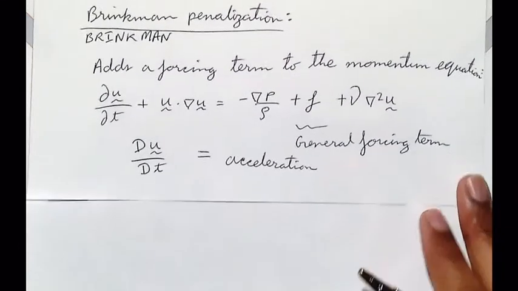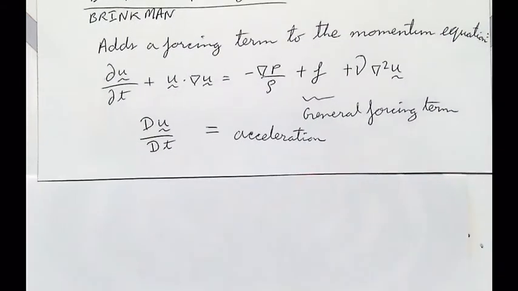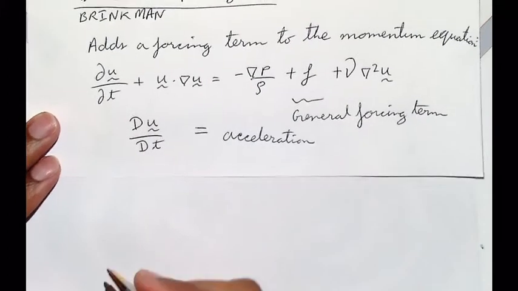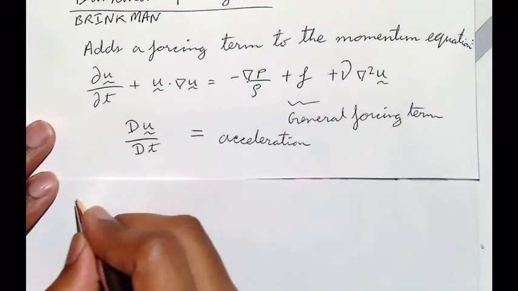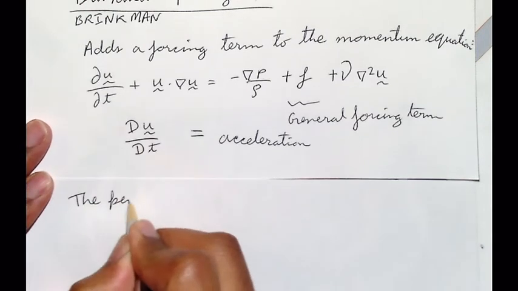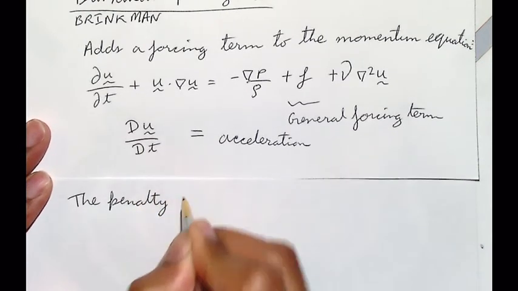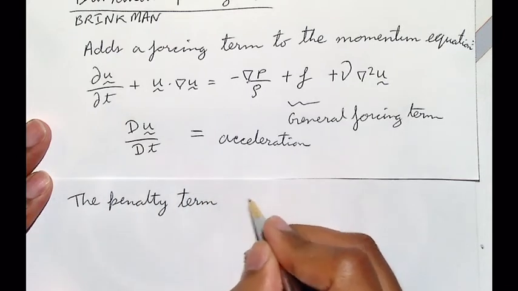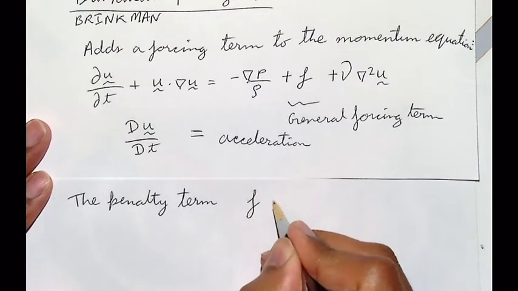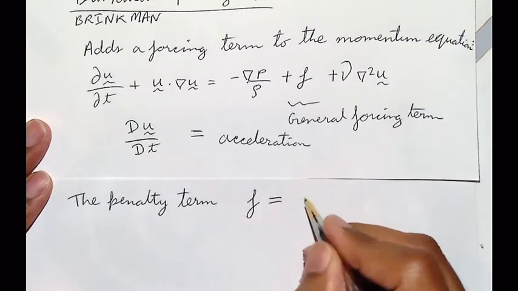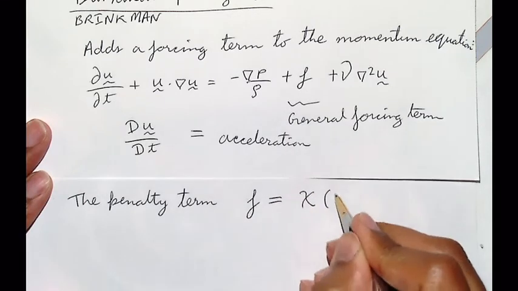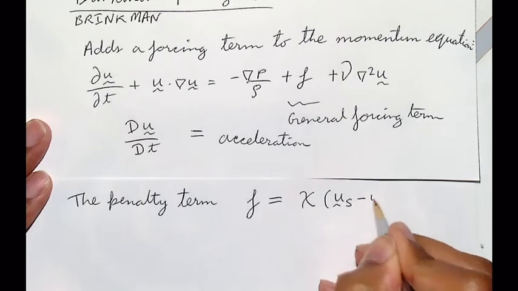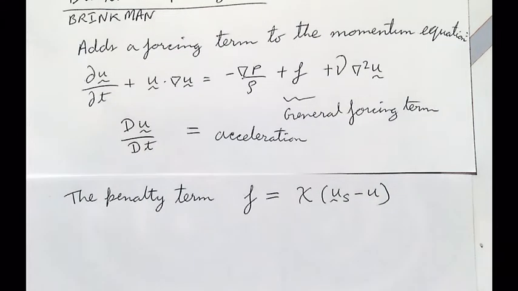So with penalty, what we do is we say this F, the penalty term, can be set to chi (U_s minus U). So it's a very simple representation.